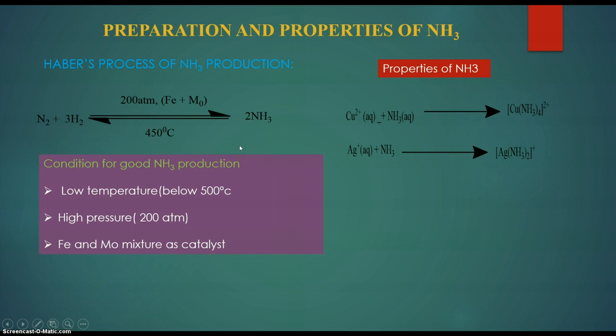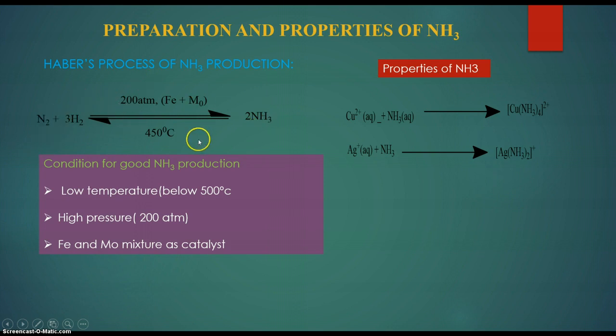Now secondly, the pressure that we have to maintain throughout this reaction is high pressure. Okay, because if we maintain high pressure, then the reaction will try to decrease the pressure, and the reaction will move in that direction where the pressure of the gas is less. As you can see over here, the pressure on the product side, ammonia, is less and the pressure on the reactant side is more.